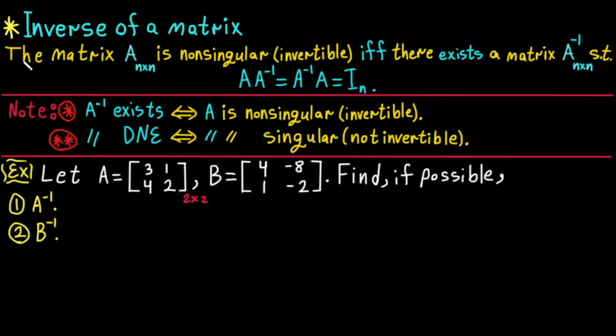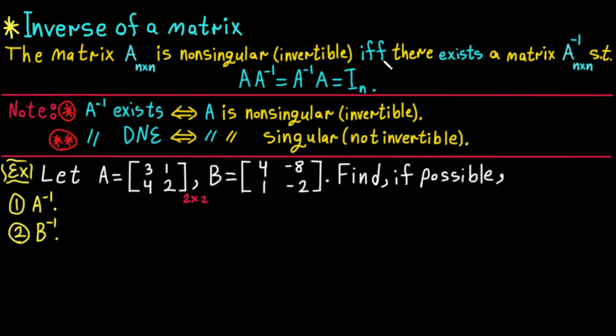Let's read the definition here. The matrix A, n by n. You can see it has to be a square matrix. If it's not square, then A inverse will not exist. An n by n matrix is non-singular or invertible. Some people call it non-singular, and some call it invertible. They have the same meaning.